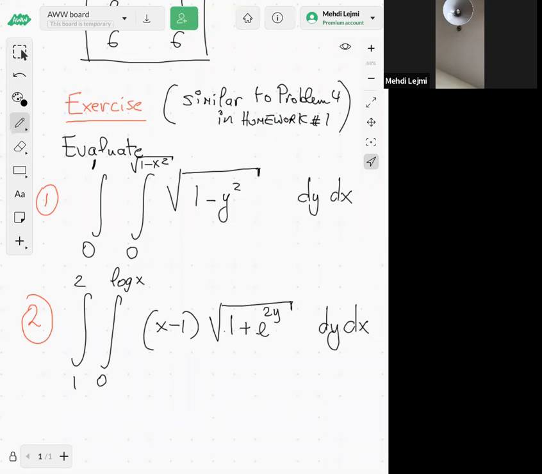I will remind you in a couple of minutes, but the area of any region is the double integral of the constant function one over your region, right? And then there's problem four, where you have to change the order of integration again. It's similar to this exercise.